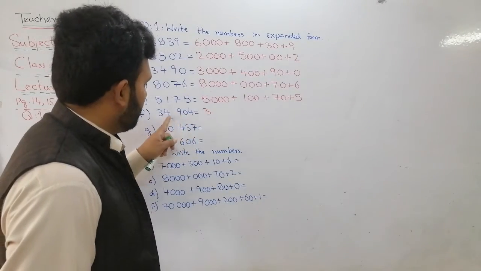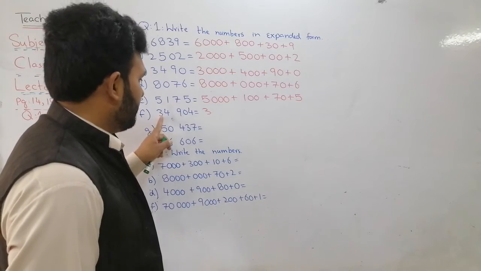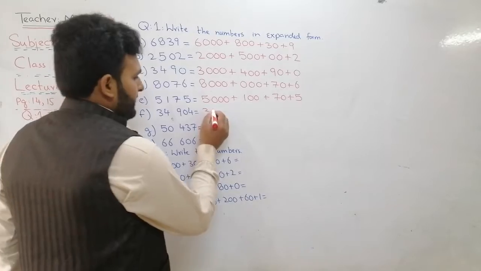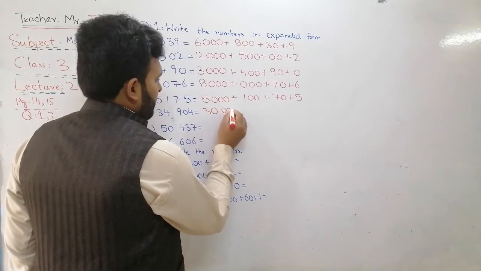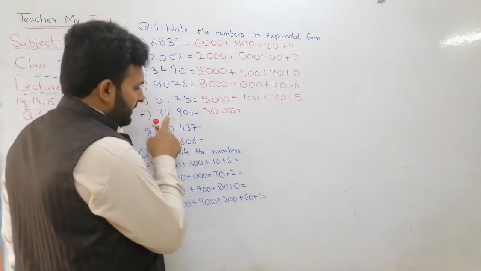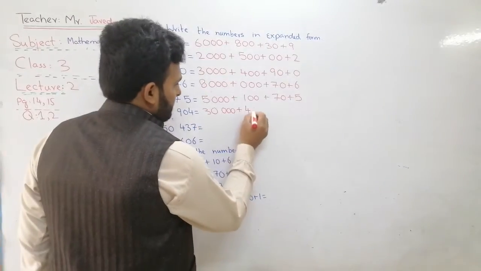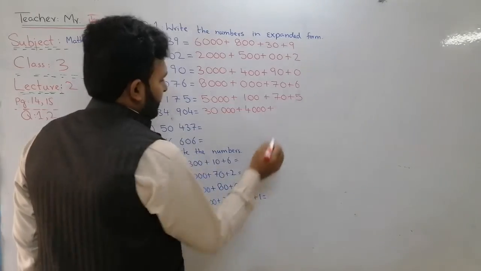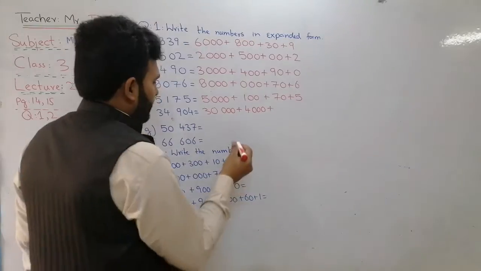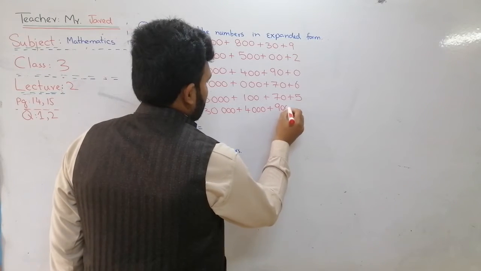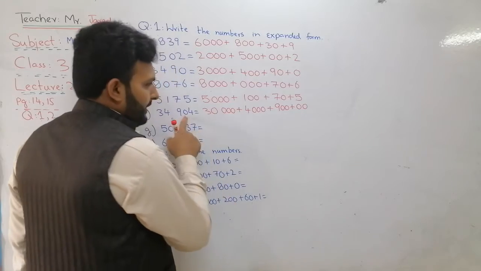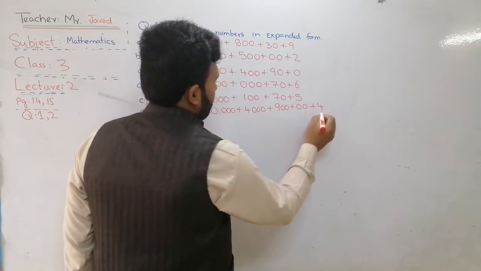So it means 30,000. The place of 3 is 30,000. So we will write here 30,000 like this. And 4 is for the 1,000 place, so 4,000, like this. And then 9 is here for the 100 place, so 900, plus 0 here for the tens place, and then we will write 4.